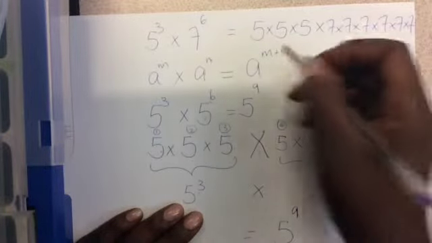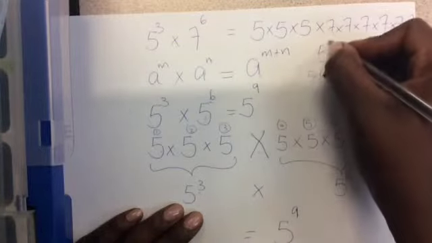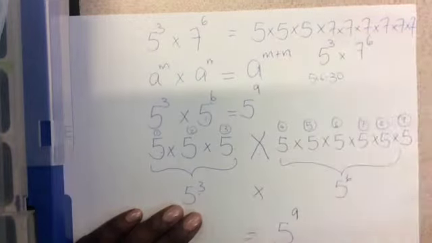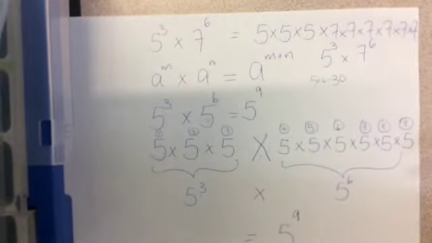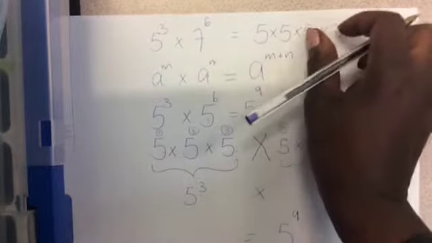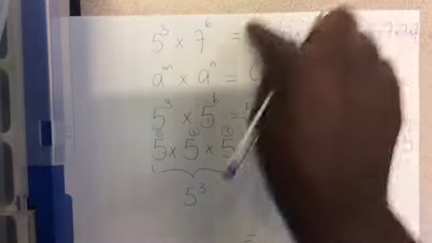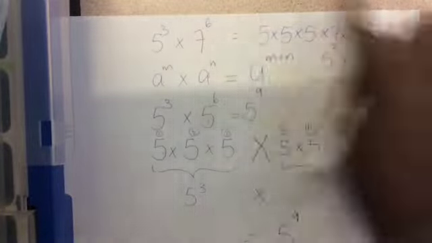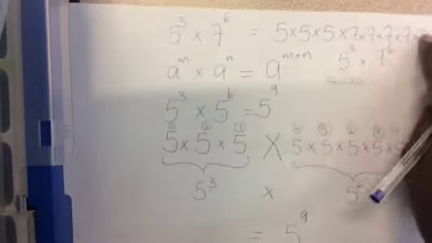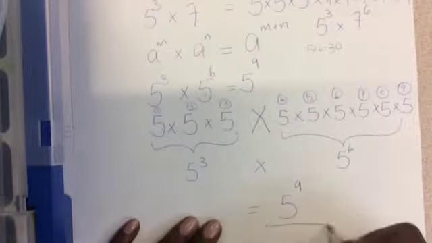When we try to add this together, that's not going to work because 5 still just appears 3 times and 7 still appears 6 times. 35 doesn't appear any times. You can't bring together the number 5 and the number 7. So you can't do 5 times 7 is 35 because 35 doesn't appear at any point in this expression.